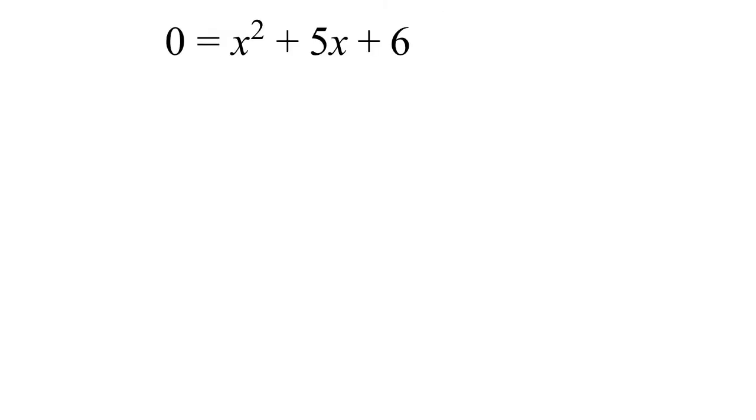So here's an example of a quadratic equation that I want to factor. So we've got 0 equals x squared plus 5x plus 6. So the first step is, are there any common factors between all three of these terms? So is there something that they have in common? So let's start with looking at the numbers or the coefficients in the equation.